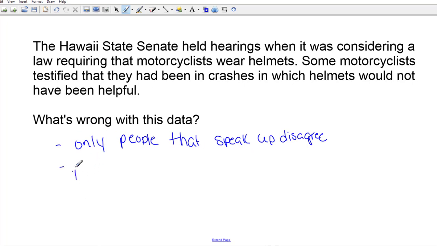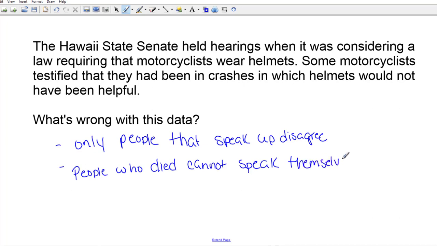People that died cannot speak for themselves. So these are people that died because they weren't wearing a helmet. So they're out of that. Also, we're probably missing data. And it doesn't affect people that wear the helmet. They're not going to respond to it.